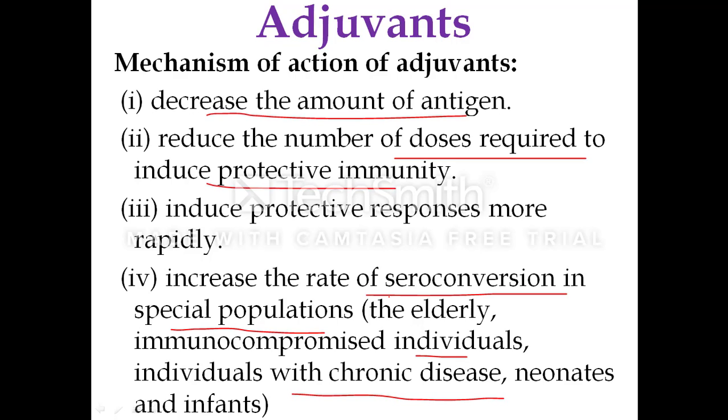These adjuvants induce cytotoxic lymphocytes. They produce a high affinity immune response when the antigen is mixed with the adjuvants, and they have the capacity for selective immune intervention. So these are a few properties of adjuvants, where they increase the immune reaction even at very low concentration of antigens.